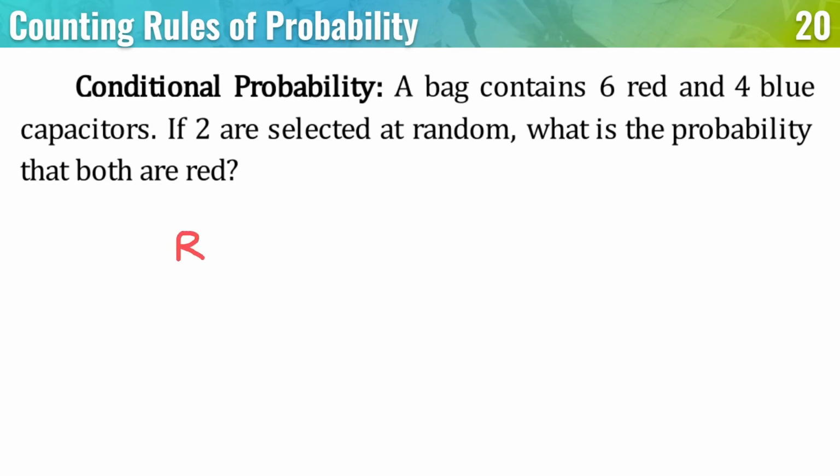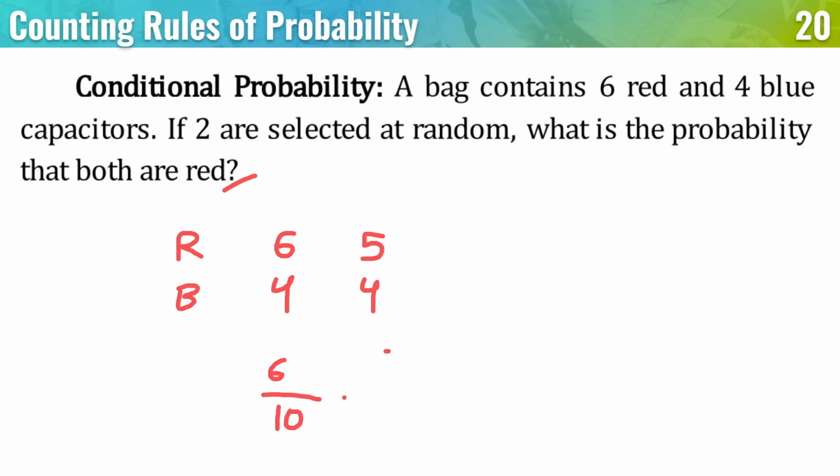So let's have R and B. So we start with 6 red and 4 blue. So this chance is going to be 6 over 10. So if both must be red, then that means that the one we choose will be subtracted from the red ones. So it's only 5 left, and the 4 is unaffected.